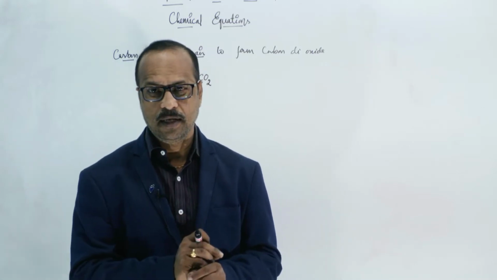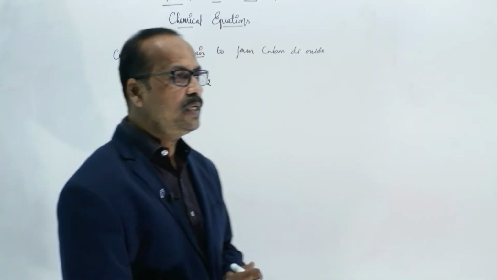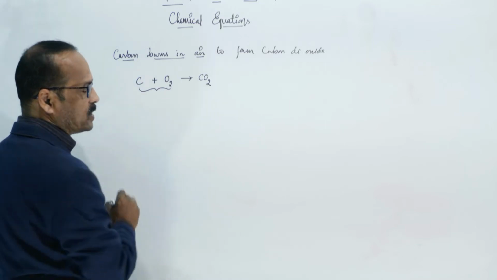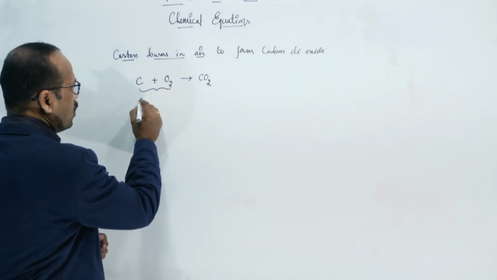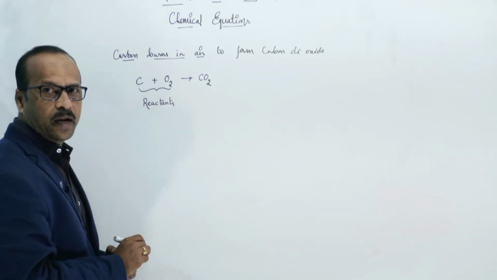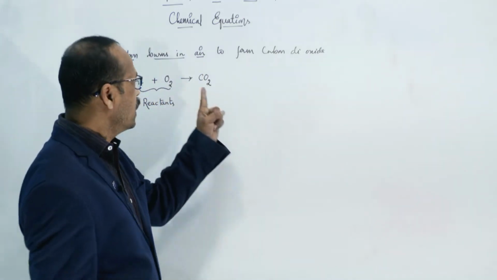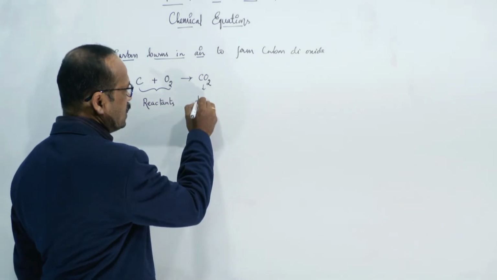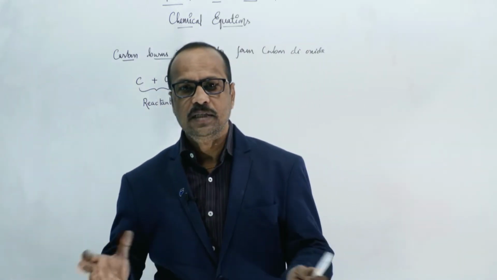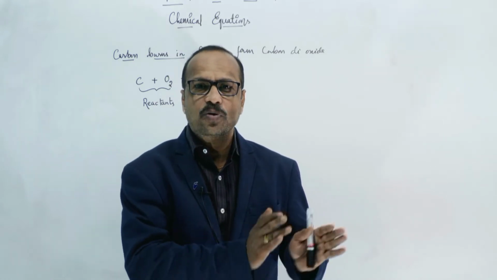The substances formed after the reaction are called products. Here, carbon is burning in air, which means carbon is reacting with oxygen, so carbon and oxygen are the reactants. When they react with each other, the new substance formed is carbon dioxide, so carbon dioxide is the product.